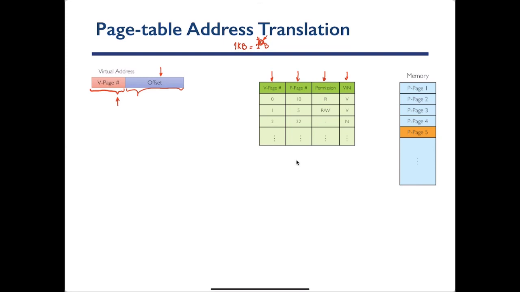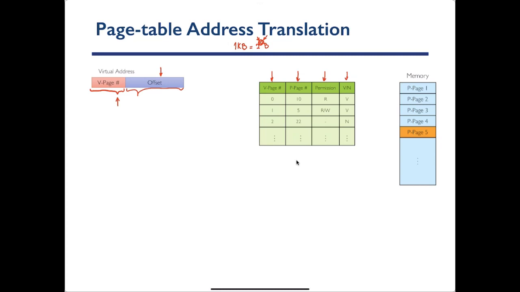And we'll see cases where we want to set this valid bit to invalid. So a translation might be valid now, but then later on we might actually swap a page out of memory and then make the corresponding translation for this page invalid.